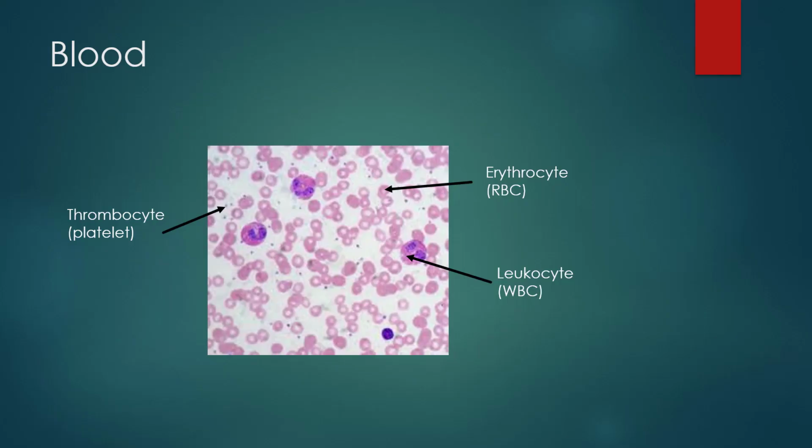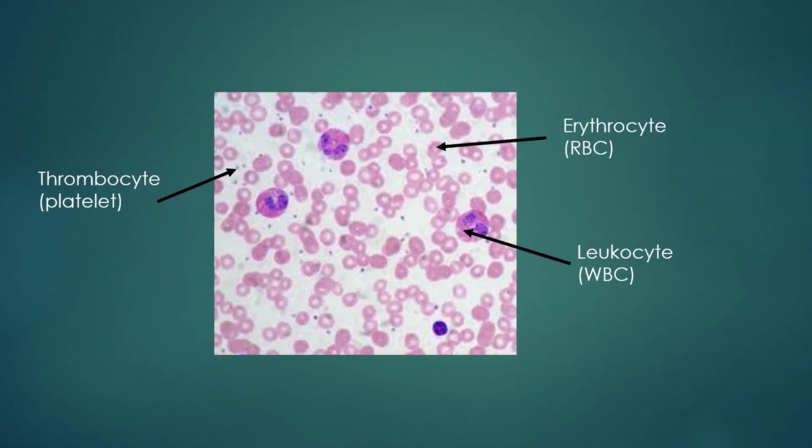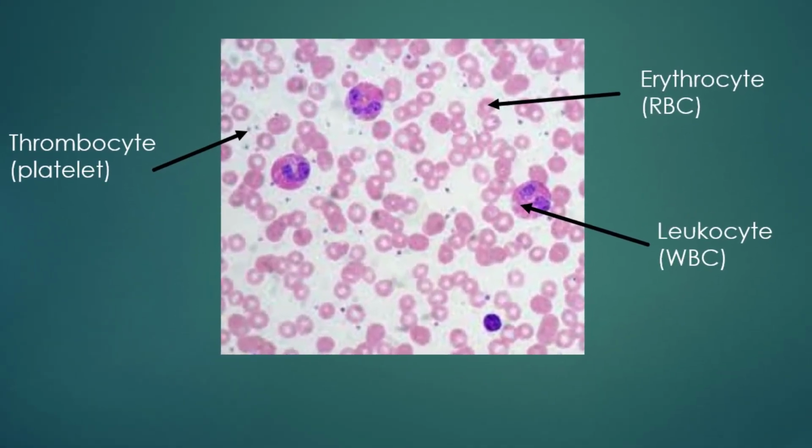All right, and then we're moving to our last connective tissue, and this is blood, or our liquid connective tissue. Now, for this course, you only need to know the 3 basic cells. When we get to AP2, you're going to have to learn the different types of white cells, okay? But for this course, you only need to know the names of the basic cells.